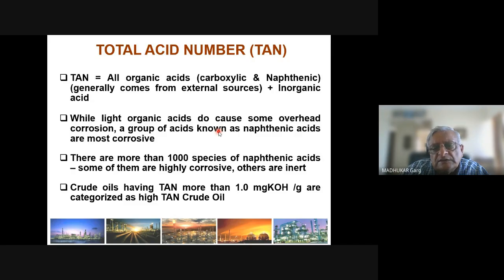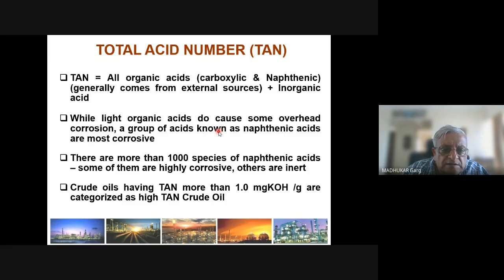And if you're processing the kind of quantities we process in Reliance, almost 64 million tons, even 5% of that, roughly about 3 million tons, if you can get high acid crude, there's a lot of money to be saved. Today the crude oil prices are above $80 a barrel.